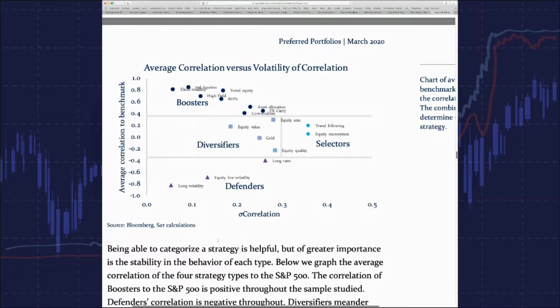And I took the weekly returns of each return stream and calculated a 52-week rolling correlation between each of those assets and the S&P 500. I picked the S&P 500 just as the risky equity beta or risk on proxy. Nothing wonderful about the S&P versus, say, the MSCI All World. That was just the proxy I picked.